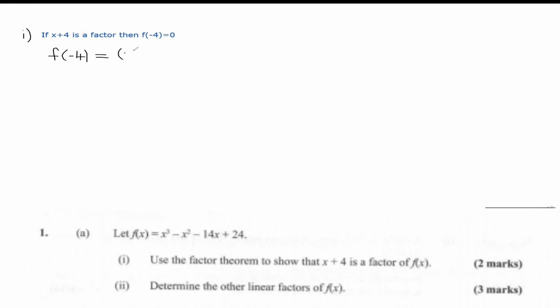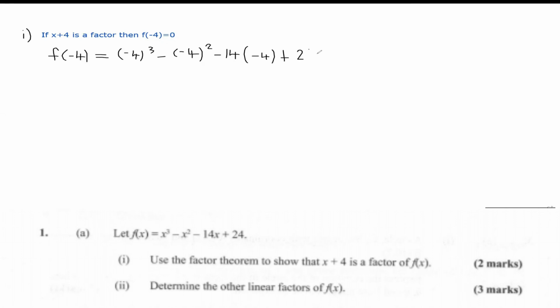So it's going to be negative 4 cubed minus negative 4 squared minus 14 times negative 4 plus 24. And this should be equal to 0.